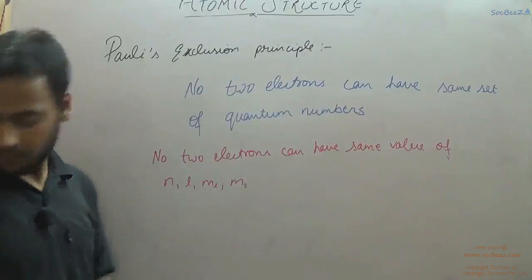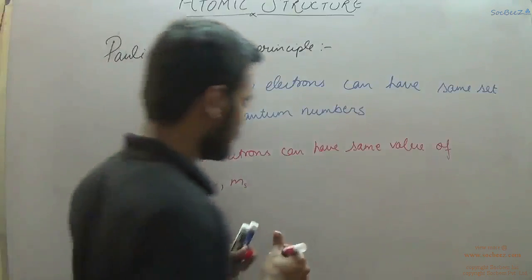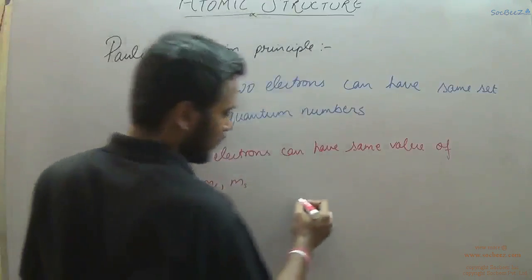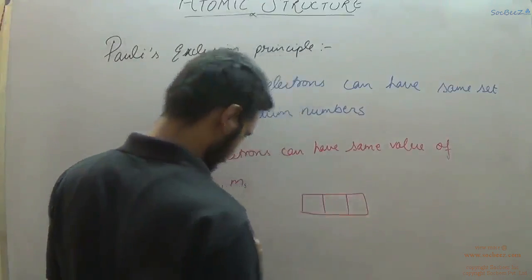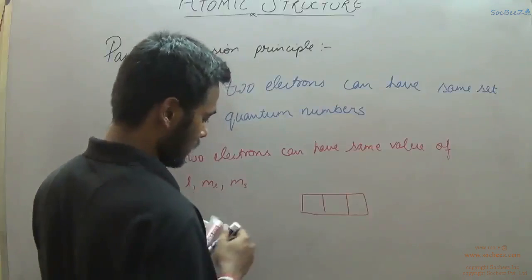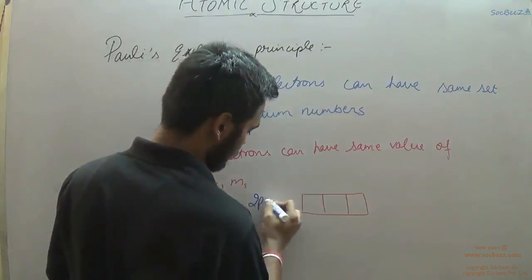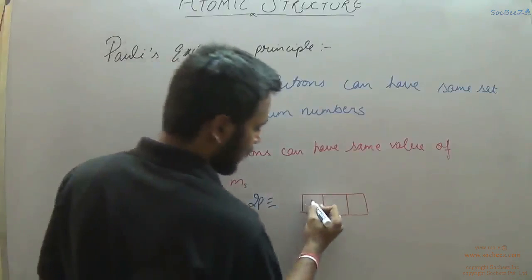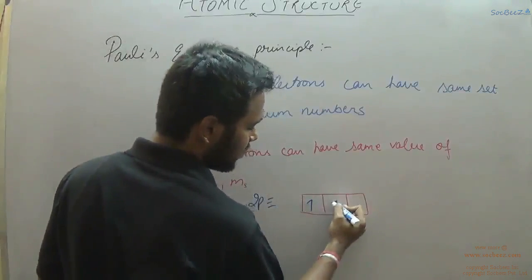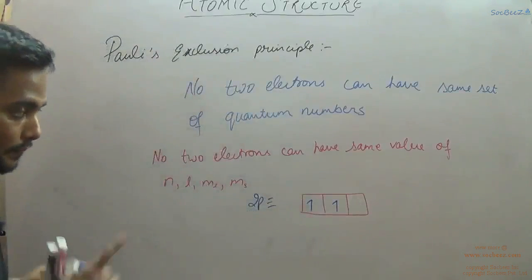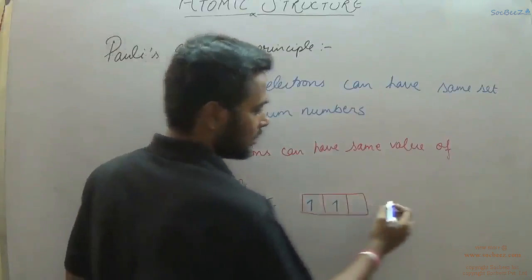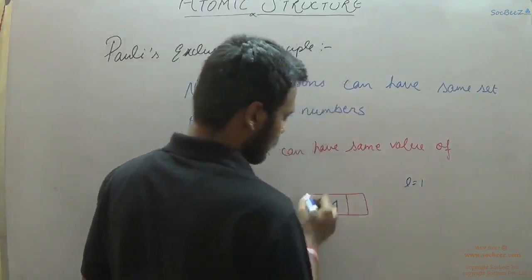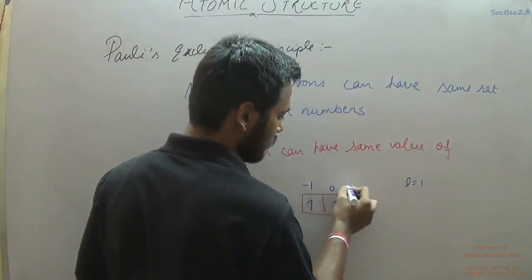For example, suppose this is a 2p orbital. If an electron is filled like this and another electron is filled like this, fine. Since l here is 1, ml is going to be -1, 0, +1.